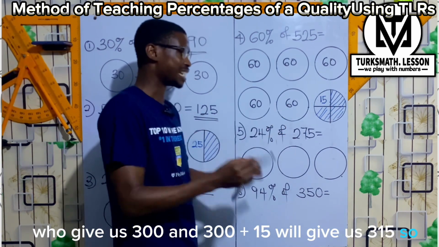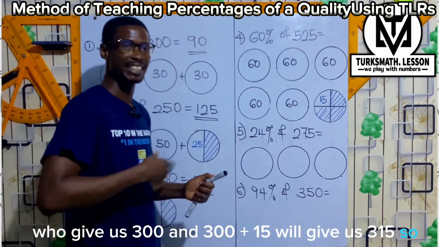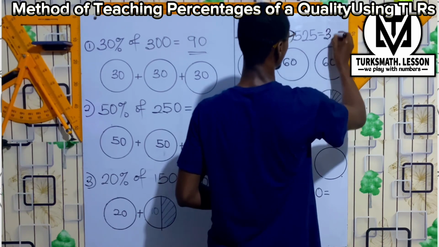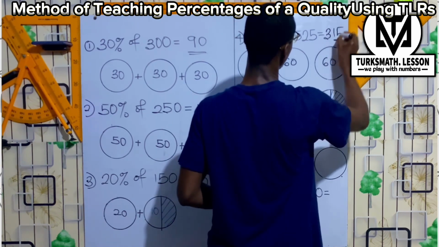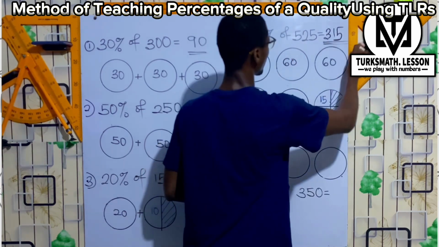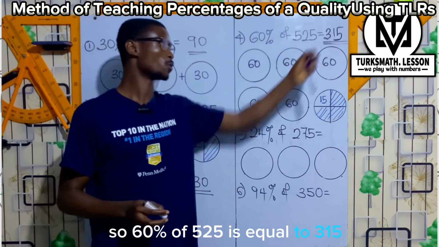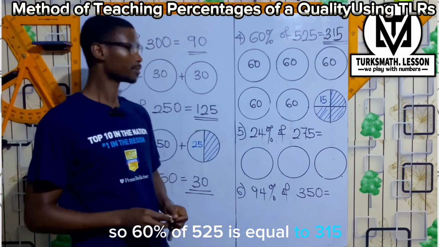And 300 plus 15 will give us 315. So 60% of 525 is equal to 315.